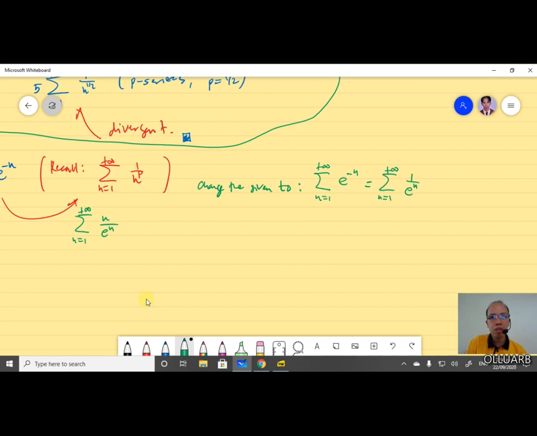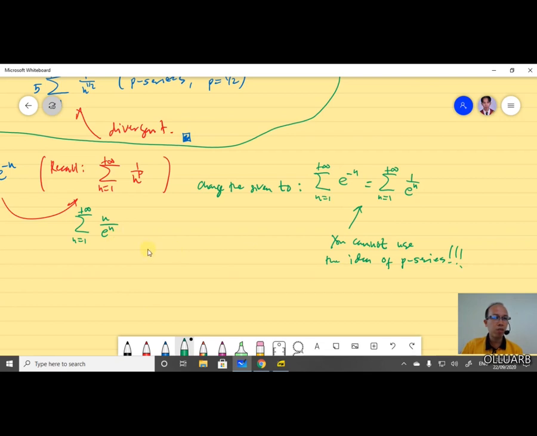It changes as n changes. So you cannot use the idea of the p series for this example.